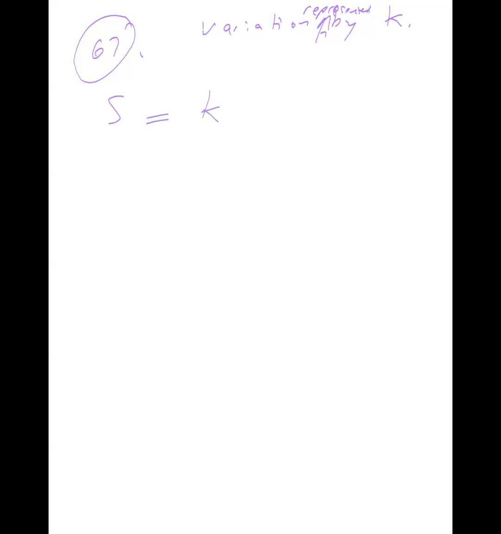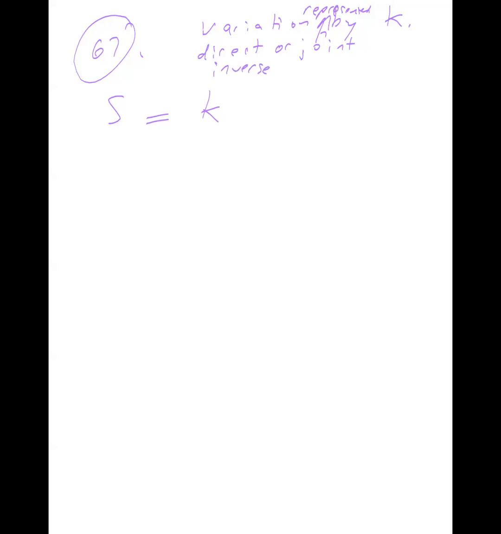And then there are two kinds of variation. There's direct, which is also sometimes called joint variation, and direct and joint are basically the same as each other. And then there's a second kind, which is called inverse variation.